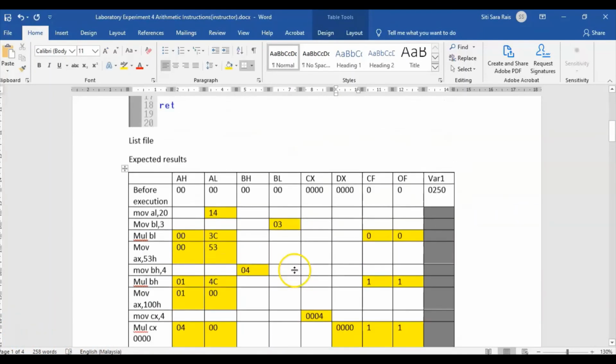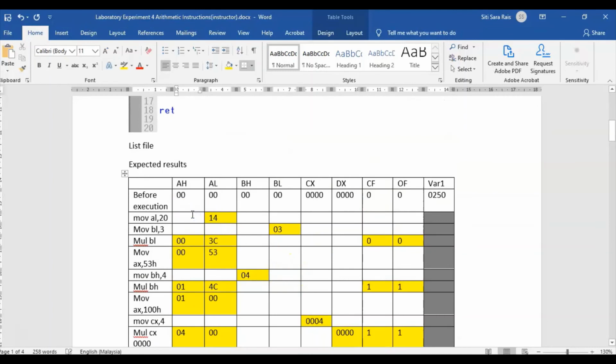For the rest, you can write down the latest value.